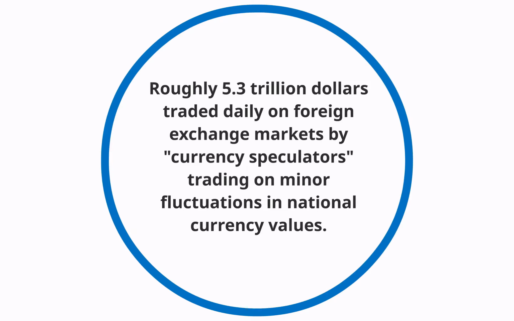We can't know specifically what the amount is, but that's the best estimate of how much is occurring. A lot of that is just foreign exchange, right? It's just people exchanging their money when they're in a different country, or it's countries' national banks wanting to have access to other forms of currency, and so they participate in foreign exchange. But a pretty significant percentage of it is this practice of currency speculation.